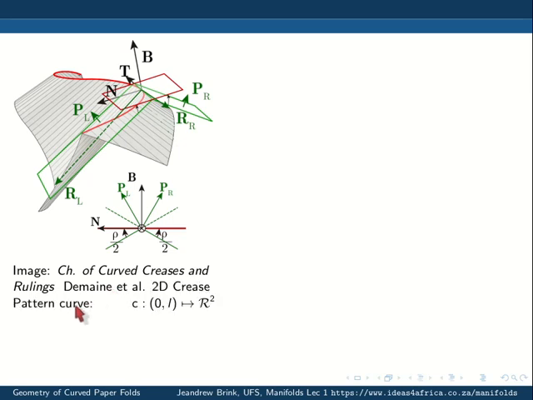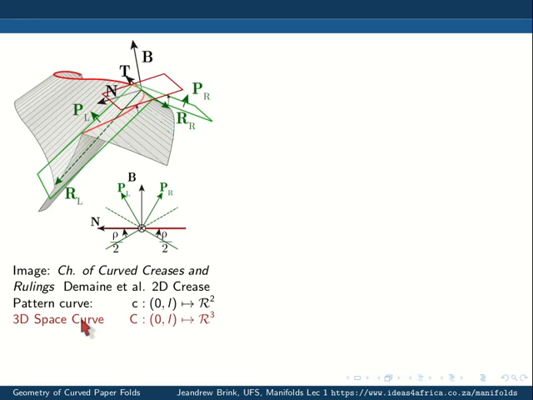So the basic structure is you have what we call the pattern curve, which in this case is simply the curve you've drawn on the two-dimensional surface, which is a circle. For our purposes, it's stuck in 2 dimensions. It's only dependent on what's drawn on the surface. I'm going to call it small c. And then you have the 3-dimensional space curve.